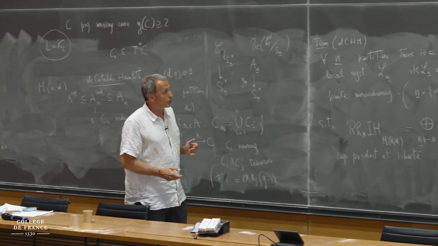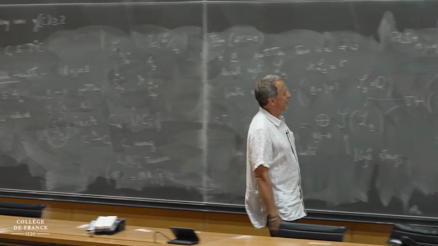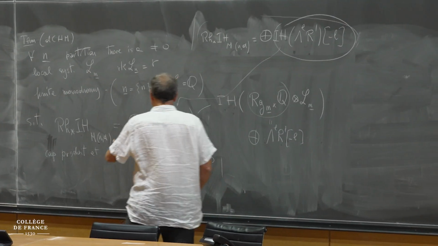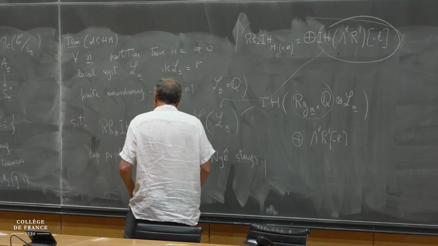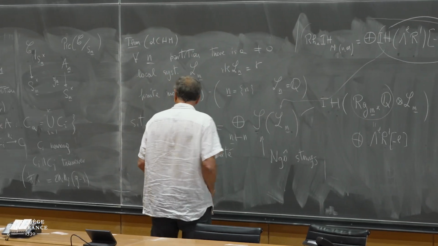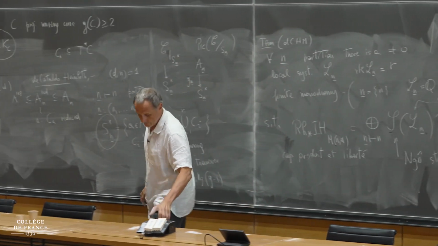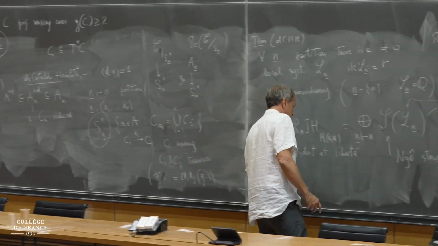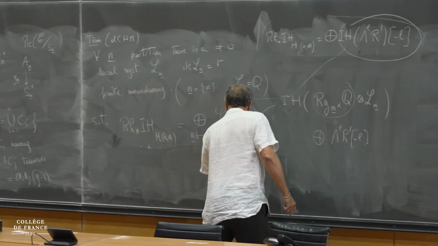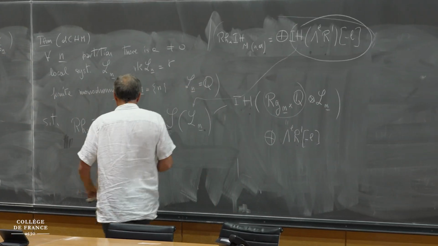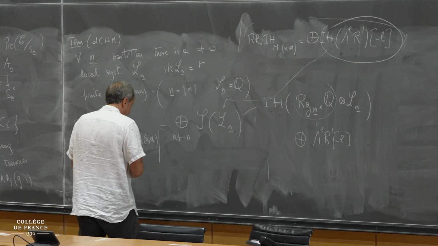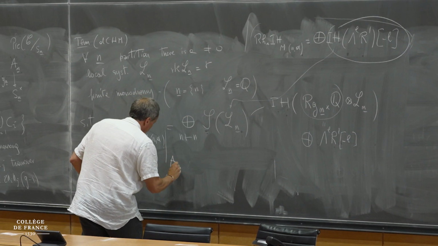As soon as you go out, I'm sorry, I forgot something. This is not true. This is only over... I wish this was so. But as my title says, this is only over the reduced locus.